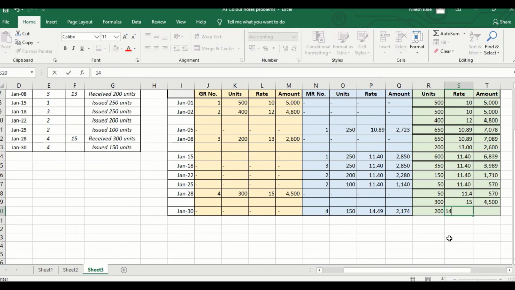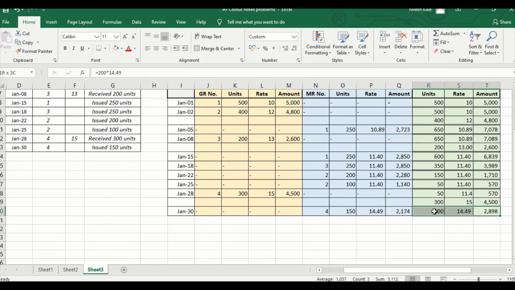Now what is the price? 14.49 I have already calculated. Now what is the last balance that I'm left with? 200 into 14.49. See, 2898. This is the balance I am left with as on January 30.